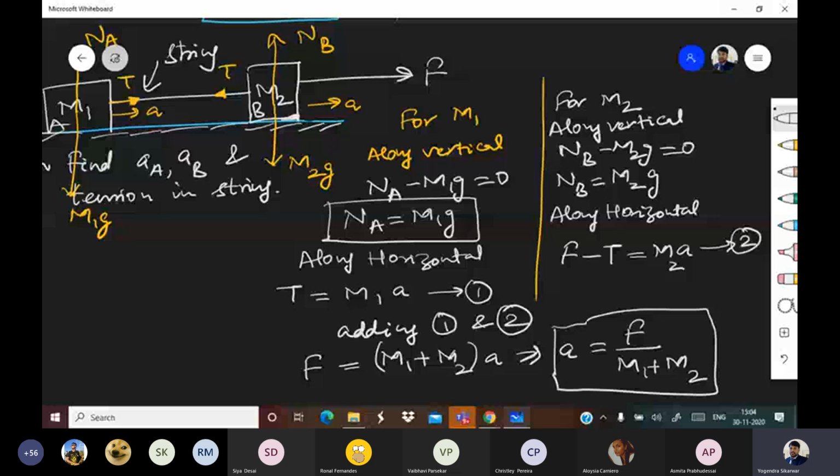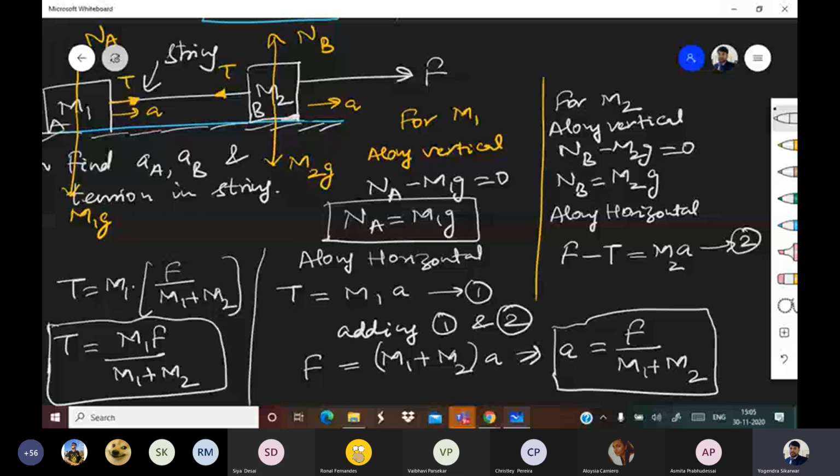So you will get T is equal to M1 into A, and A is F upon M1 plus M2. So T is equal to M1 F upon M1 plus M2. That will be the answer.